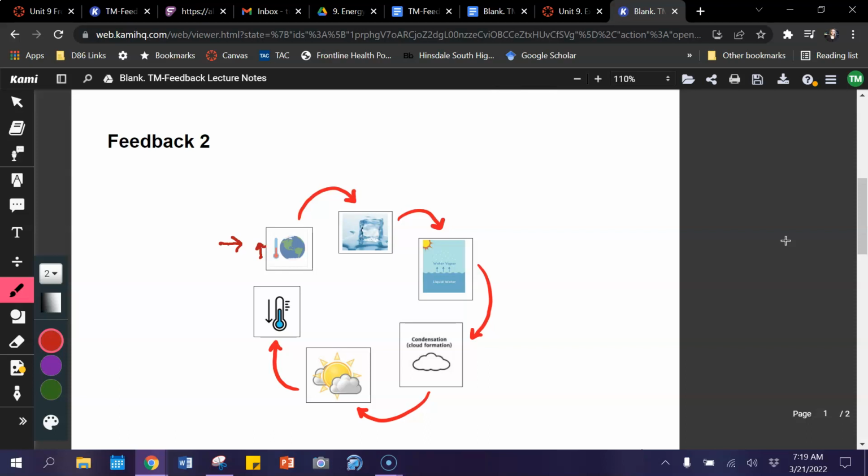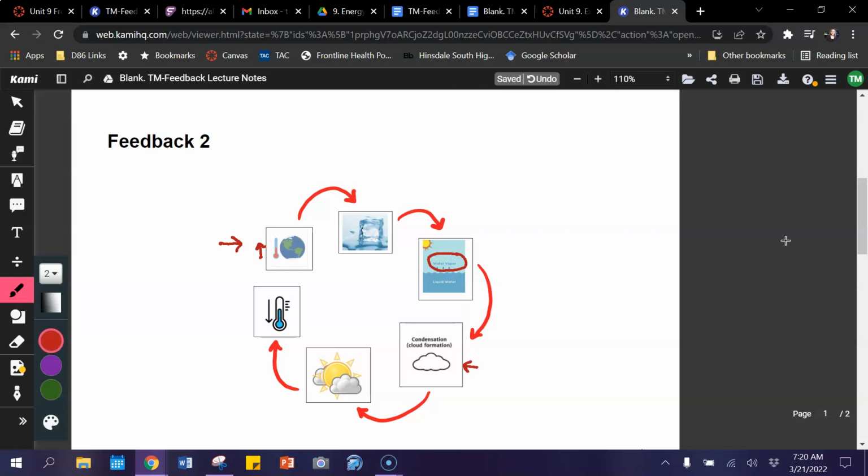What happens is that as the ice turns into liquid, we get evaporation of water molecules at the surface of our oceans that are now going to increase the amount of water vapor that our atmosphere is holding. And when those molecules of water start to condense, we get cloud formation.